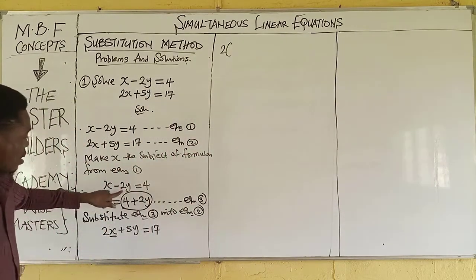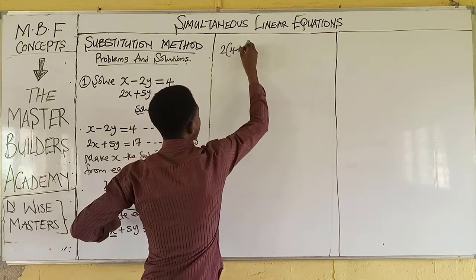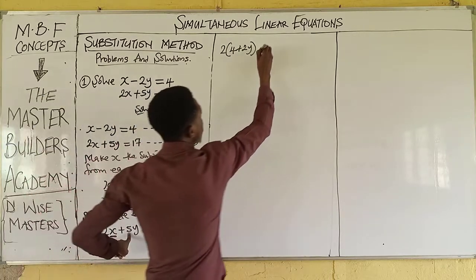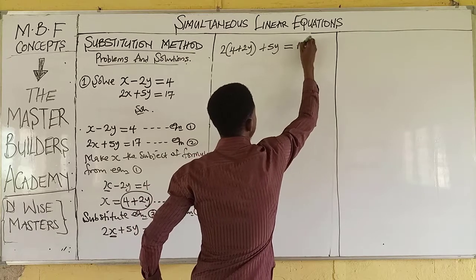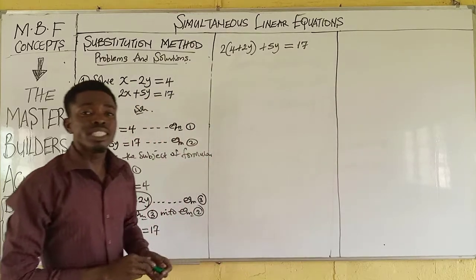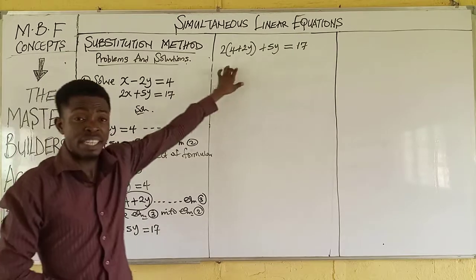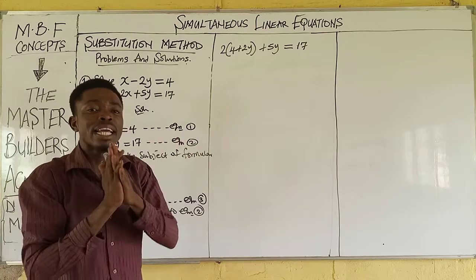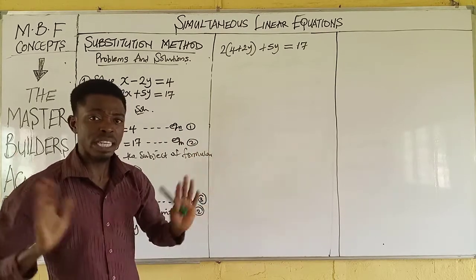Now what is x, guys? x is 4 plus 2y. Close the bracket, then plus 5y, equal to 17. Once you substitute equation 3 into equation 2, all you now have is a linear equation with one unknown. So from there you can make y the subject of the formula and obtain the value of y.